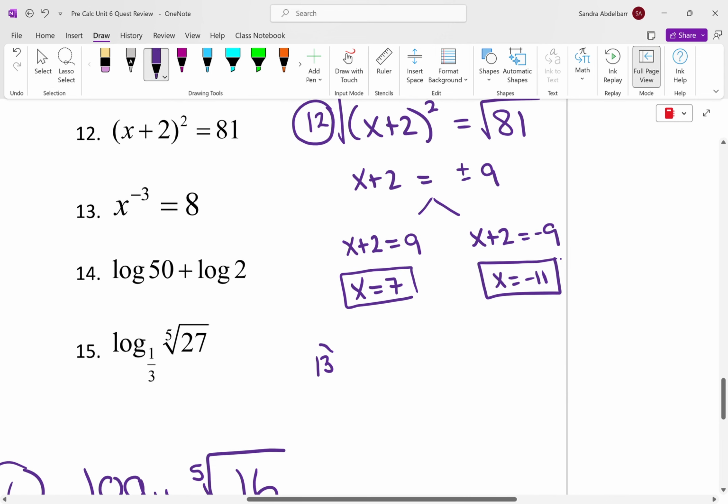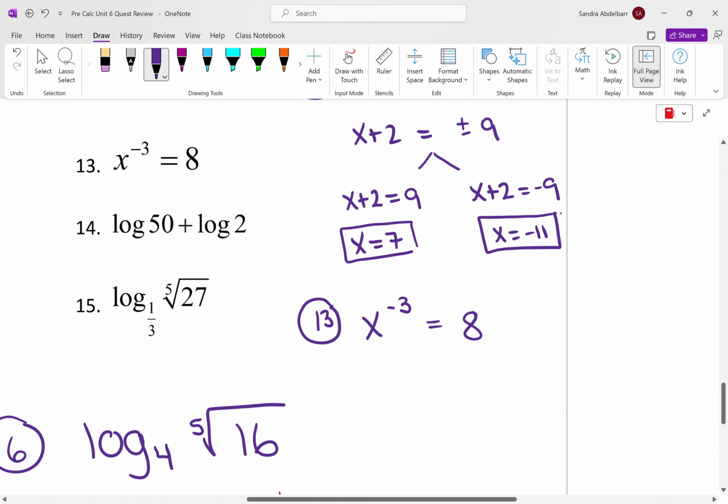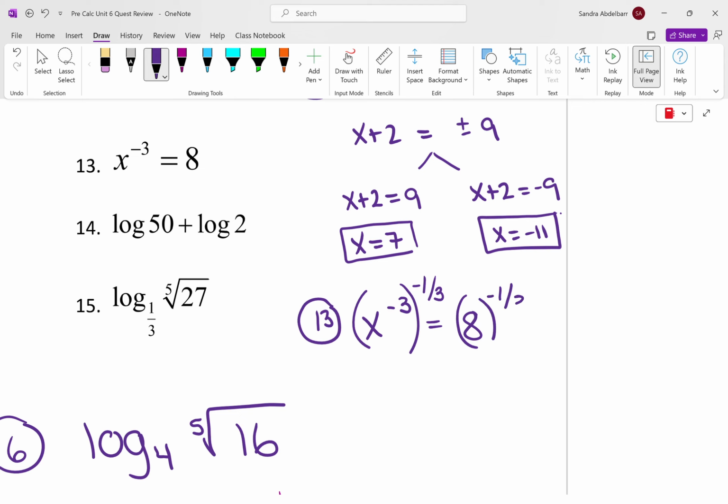And number 13. X to the negative 3rd equals 8. Oh, this is a bad one. I see what you're saying. I'll still do it. So what I would do here is I need this to be an exponent of 1.